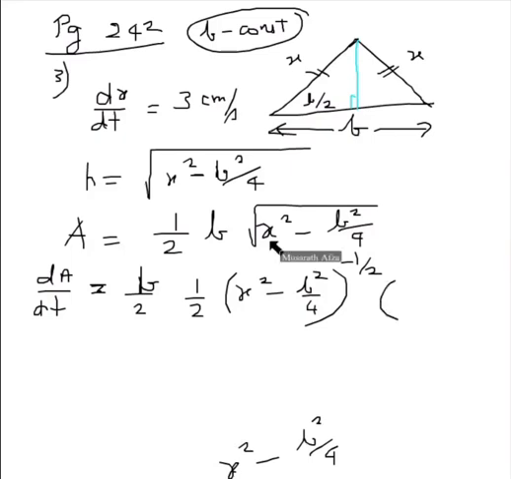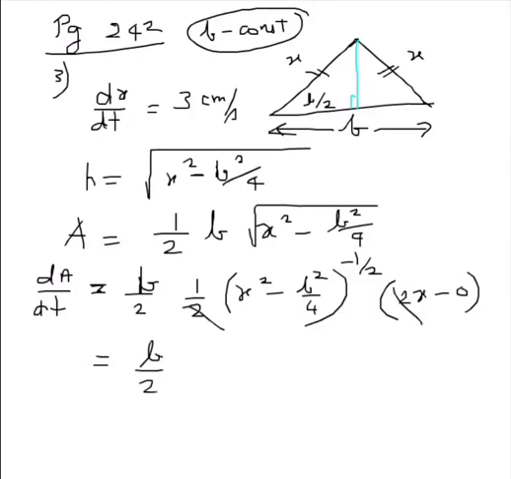So I have differentiated the power. Now I have to differentiate the base. The differential of x square is 2x, and b is a constant, so that term is 0. The second term is a constant, so differentiation becomes 0. I can cancel this too, so it becomes b by 2, and I can write this in the denominator.